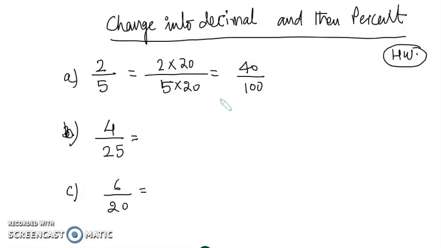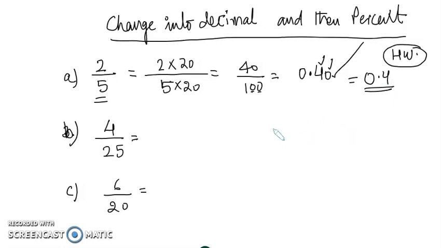Now 40 by 100 you know is 40%, and when you have to change it into decimal you write 40 and there are 2 digits. So move from here 1 digit, 2 digits, and then put a decimal here and a 0 here. A 0 is always placed after the decimal on the left hand side, and this decimal is removed. So this fraction changed into decimal is 0.4.